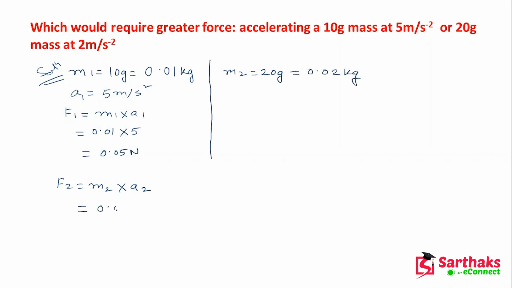Acceleration A2 is 2 meter per second square. So 0.02 into 2 means it will be 0.04 Newton. Right? So here you can see that F1 is greater than F2.